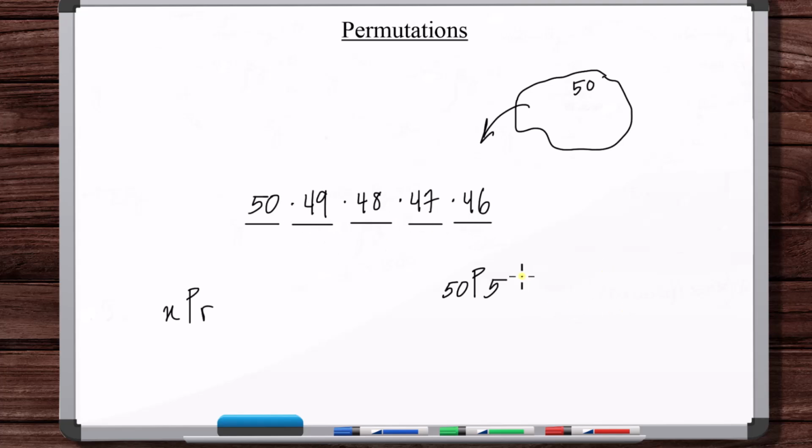Okay, but what's the general formula? Well, the idea is you start off by saying, okay, what's the total number of ways to arrange these 50 items in a line? Well, it's 50 factorial, right? But we don't want to arrange all 50 items in a line. It's just the first 5 items that we've chosen from the 50. So we want to divide out all of the 45 arrangements that we're not using. And that's going to result in what we're looking for.